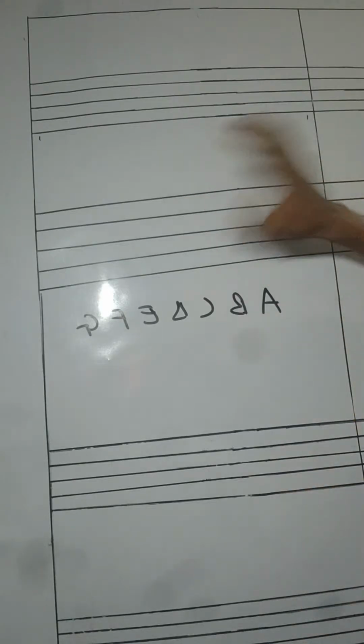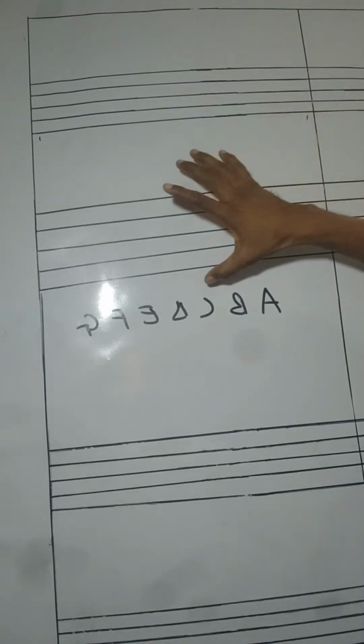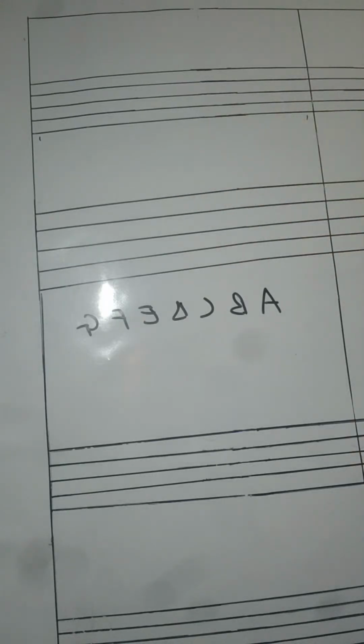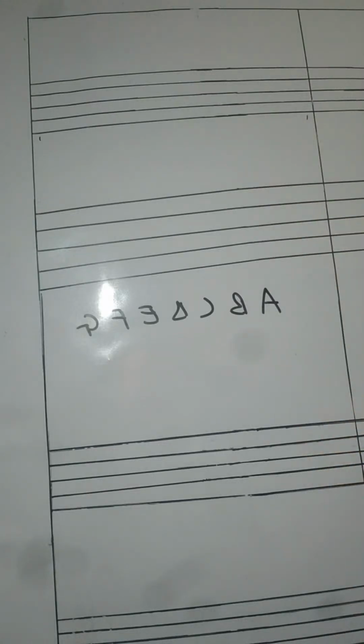These 5 horizontal lines and 4 spaces are parallel to one another. That is to say that the 5 lines can never meet, no matter what.